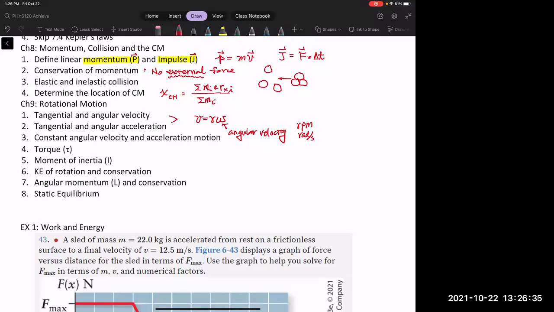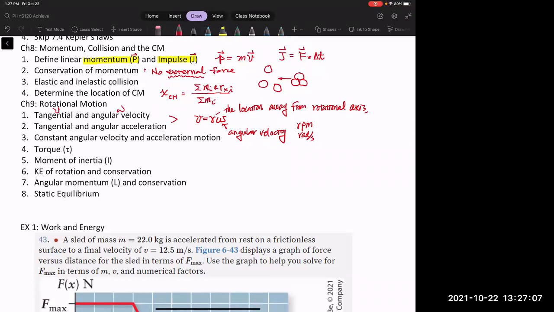The r here represents the location away from the rotational axis. Okay, so that is how you can convert to the tangential. So this is the tangential, this is the omega.